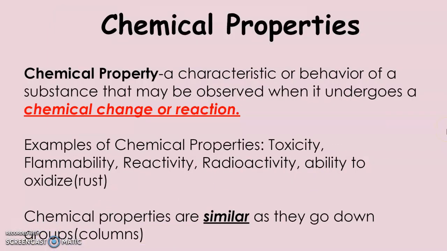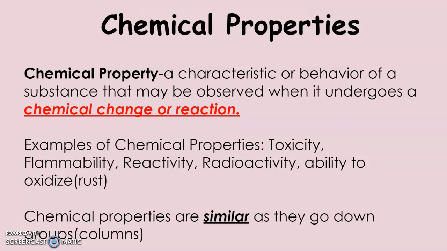So just to review, chemical properties are characteristics or behaviors of a substance that may be observed when it undergoes a chemical change or a reaction. Examples of chemical properties are toxicity, flammability, reactivity, which we're talking about today, radioactivity, and ability to oxidize.